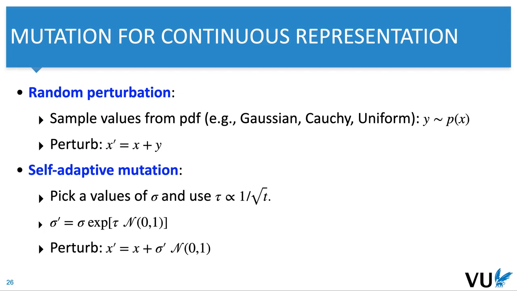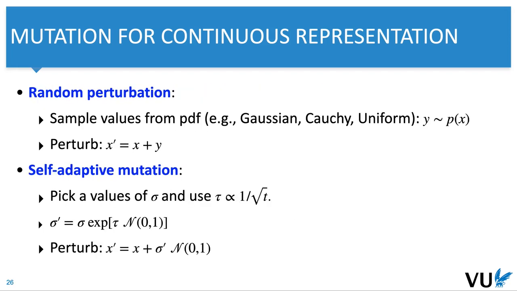So we may want to also modify the variance over time, according to some scheme. It could be smaller and smaller over time, and we can do it in the way presented here in this slide.